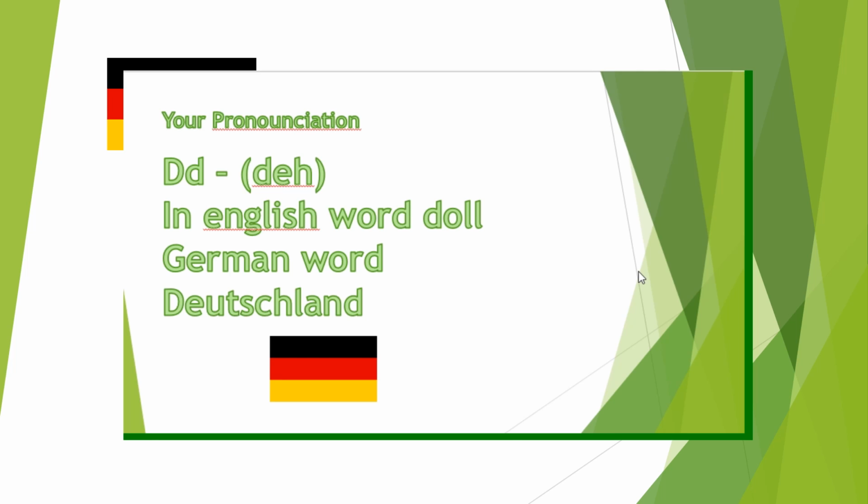D is pronounced as day in German, like the D in the English word doll. So the German words are Deutschland, Denmark.